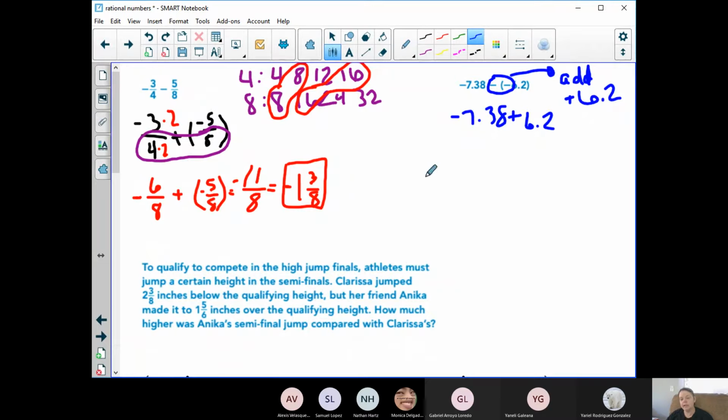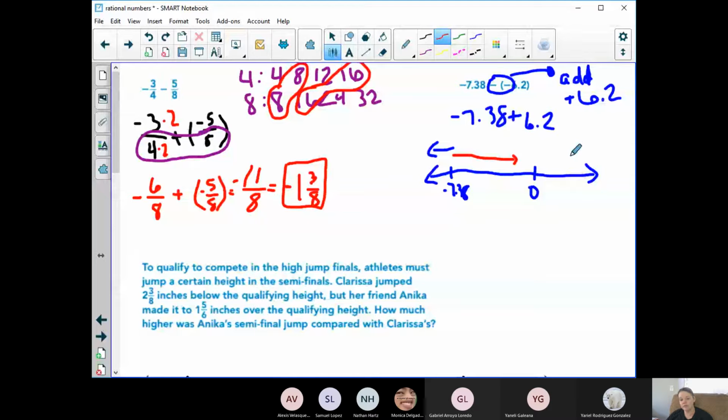So if I were to draw a number line, all right, here's 0. Let's say this is -7.38. If I add 6.2, am I going to get more negative or more positive? Which way am I going to go?